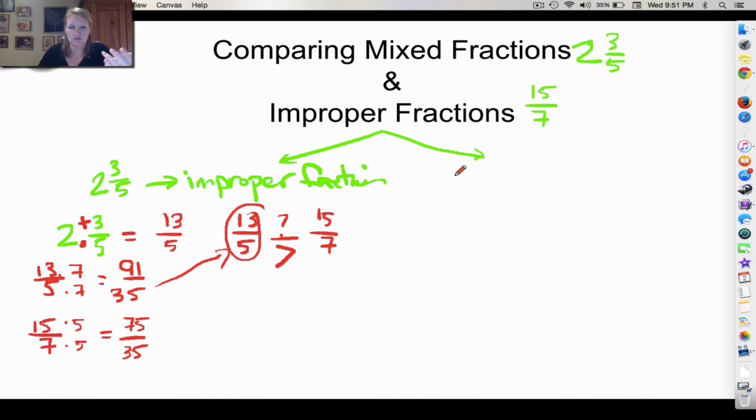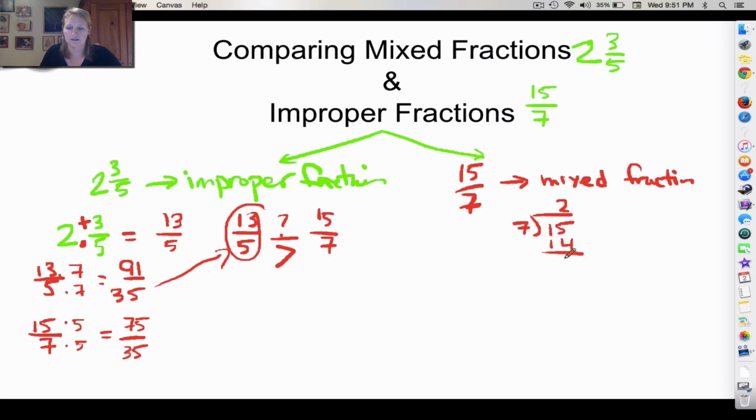But you could also change an improper fraction, oops, that's 7, to a mixed fraction, and kind of go through the same idea. And the way that you do that is you do 7 into 15. How many times does it go in? 2, 14.